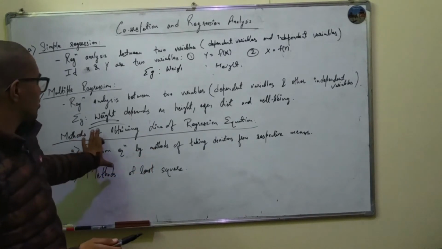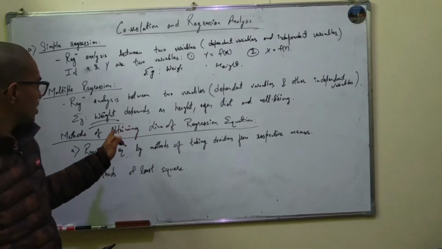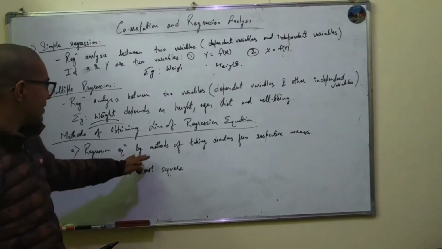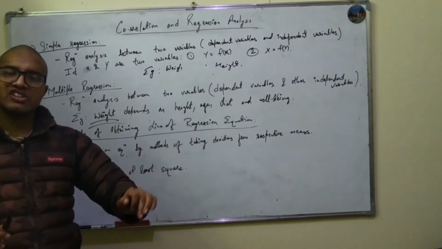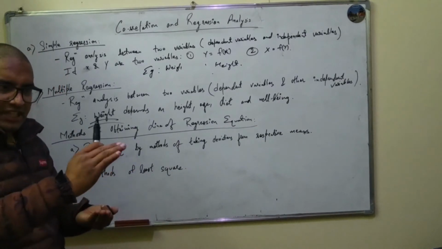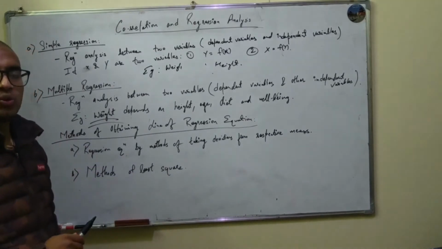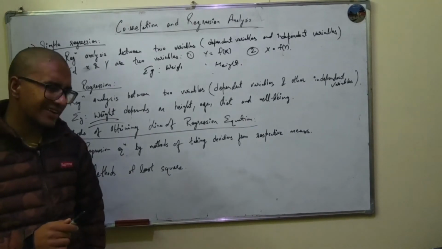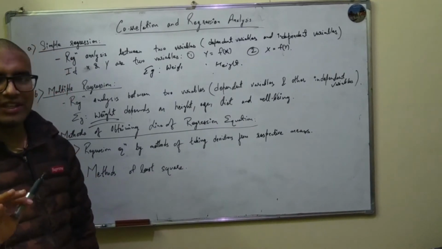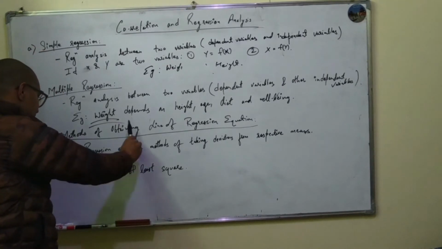So how do you obtain the line of regression equation? You could obtain it by the method of taking deviation from the respective means. How much does it deviate from the actual mean, right? And then the other method is the method of least squares. First, we will discuss the deviation from respective means method.